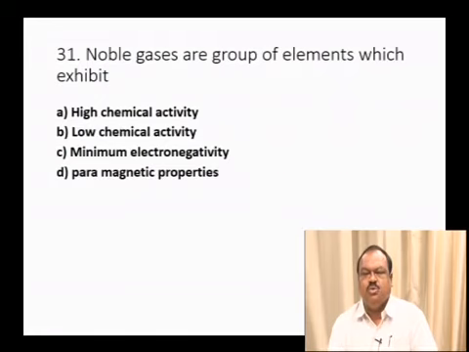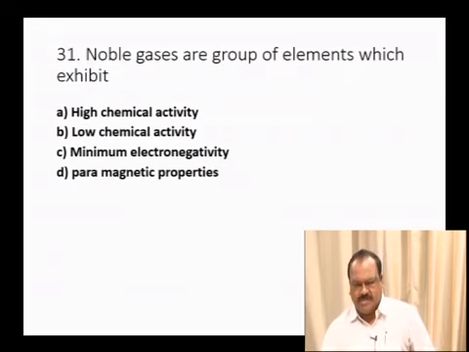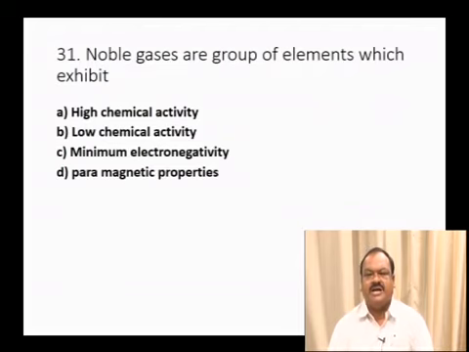Hence, they do not show any chemical activity. Noble gases have zero electronegativity. These elements do not contain unpaired electrons, hence they do not show paramagnetic behavior. So, the suitable answer is that inert gases show low chemical activity. So, the answer is B.